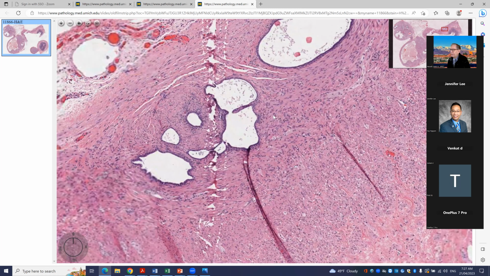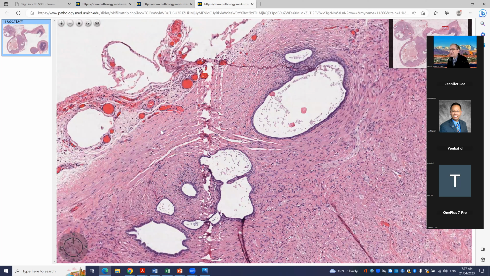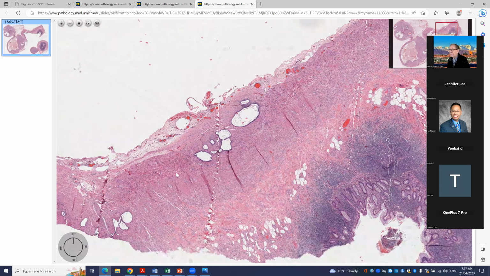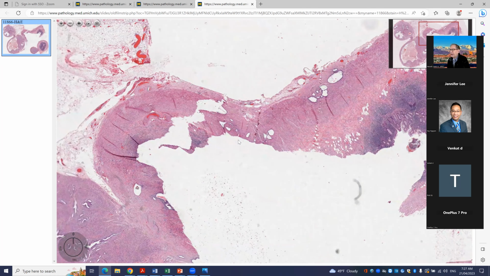And so if you had just this here, I think most of you would make the diagnosis probably of endometriosis. You have a little bit of stroma here. Some might say endosalpingiosis, but usually if it's in the muscle and has a little bit of stroma, that's good for endometriosis.